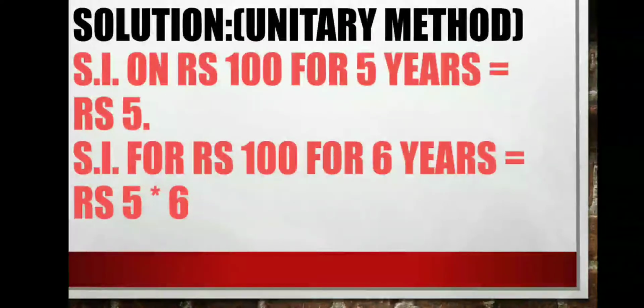Now we are going to find out the simple interest by using unitary method. Simple interest on rupees 100 for 1 year, that is rupees 5 as per the question. Simple interest for rupees 100 for 6 years will be equal to 5 into 6.